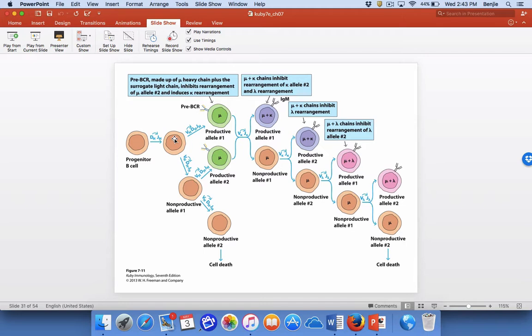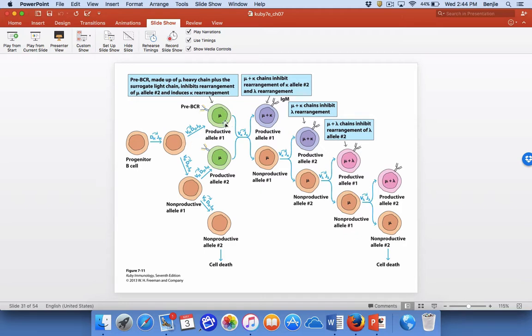Now, it can have an allele 1 or an allele 2. If it produces a productive allele 1, then it never goes back and does anything with the allele 2. So if this is the maternal, then it stops there. If that doesn't work, then it will go to a secondary allele. Here's the kind of pluripotent B cell. It's a stem cell. It has the ability to express either of the heavy chains.